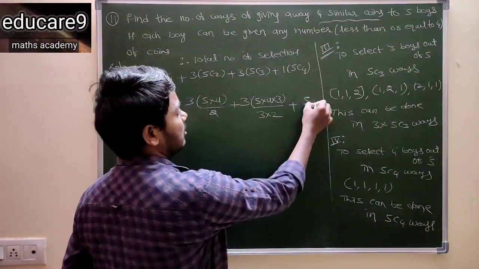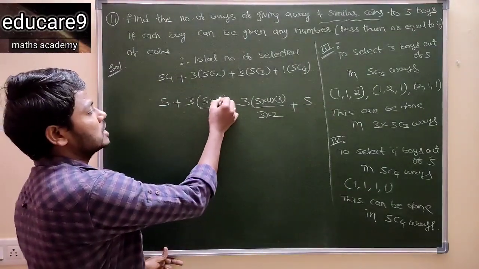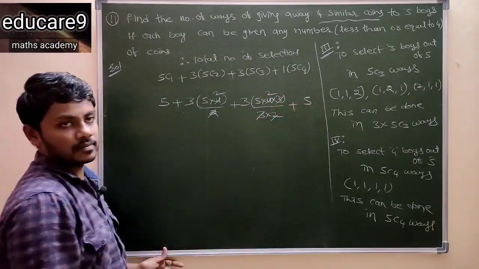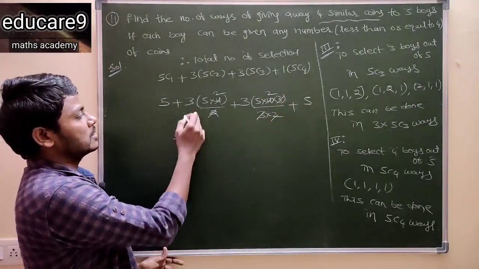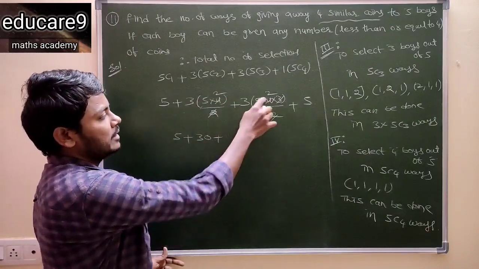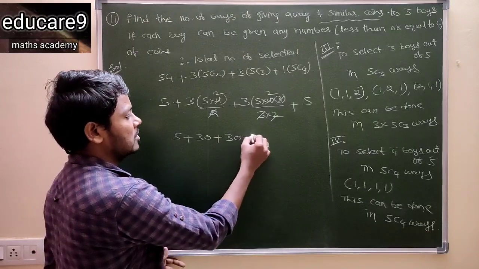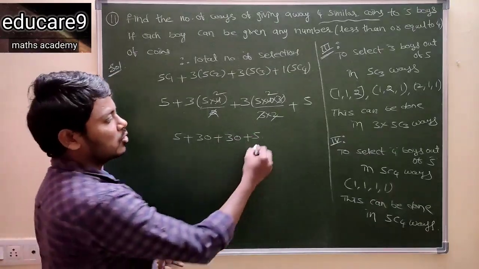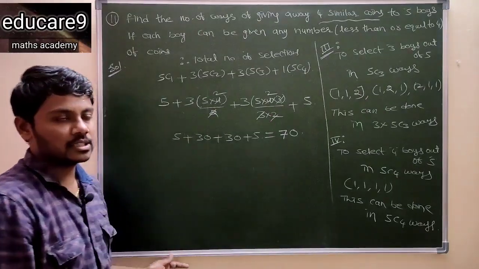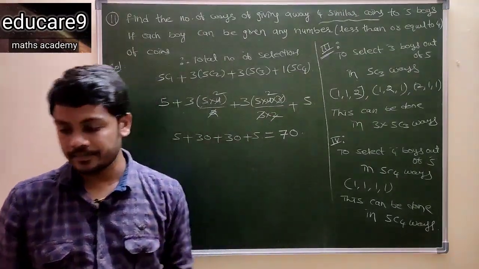So this is 5. Here 2 1s are 2 2s. Next 3 3 get cancelled, 2 1s are 2 2s. Now this is 5 plus 10 into 3. 30 plus 10 into 3. 30 plus 5. So total number of ways of selections are 70. So this is the required answer.